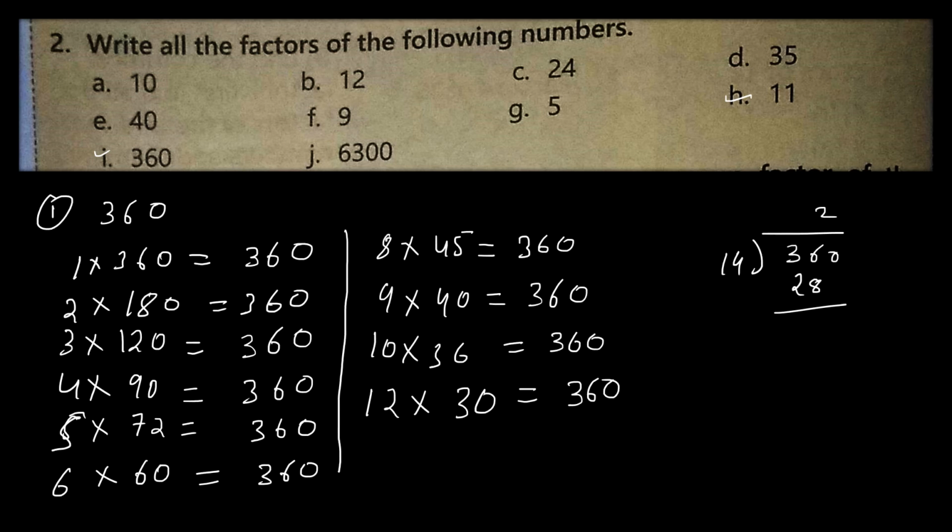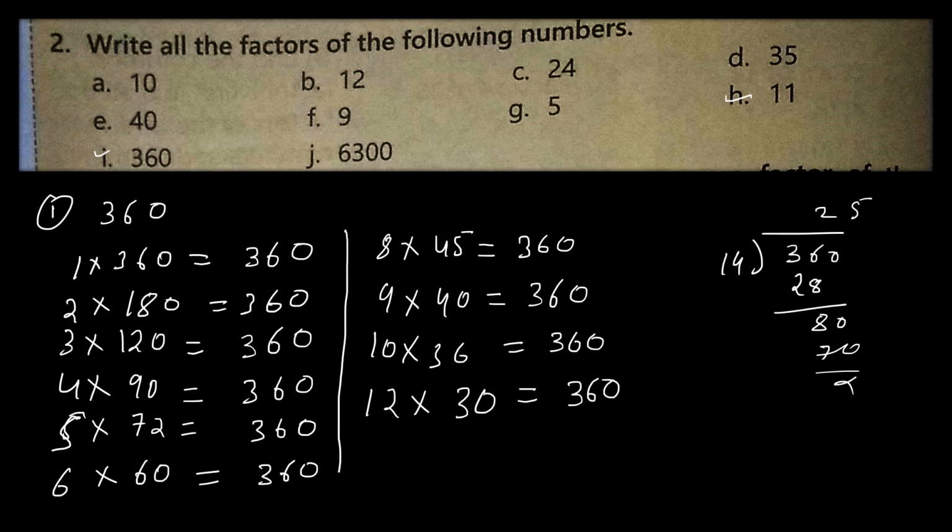So 16 minus 8 is 8, 0. Then 14 3 is 42, 14 4 is 56, 14 5 is 70, 14 6 is 84. So 14 5 is 70. If we take 14 6 is 84, so we will take 5. So 14 5 is 70. Still a remainder is there, so we will not do.